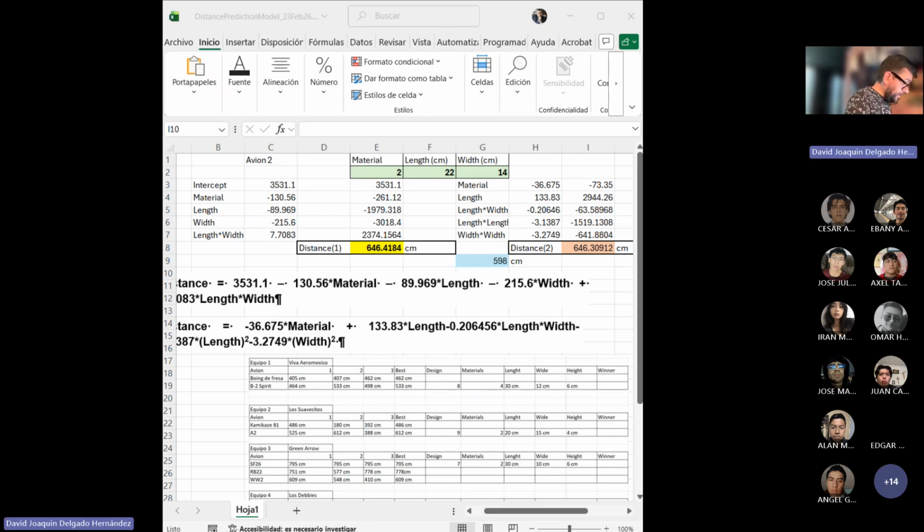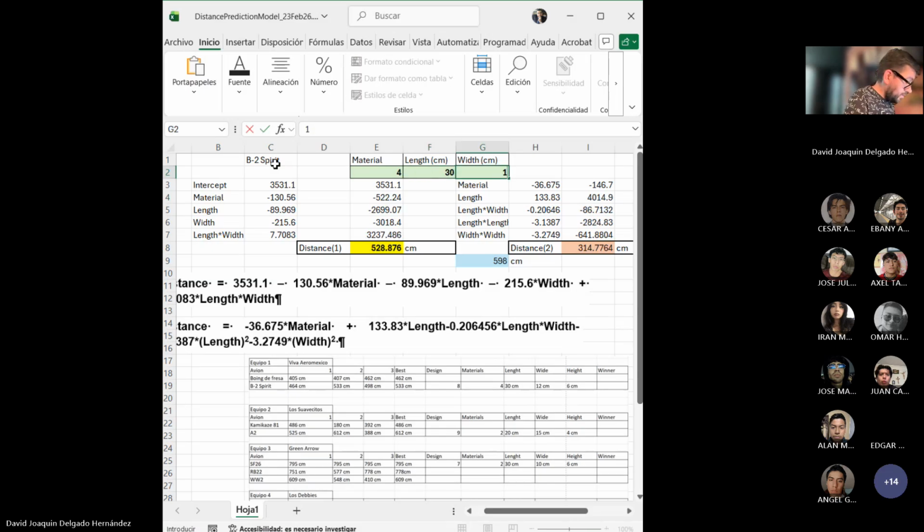Just one thing. For the first airplane, I didn't put the distance there. So I am going to repeat it and replace this image. So the first one, B2 Spirit. It was made with material number 4, 30 and 12.